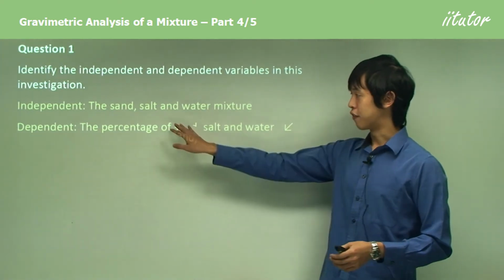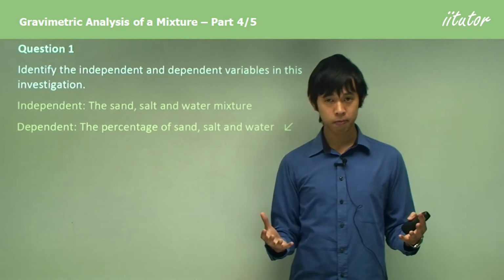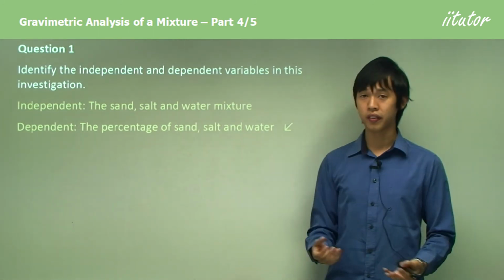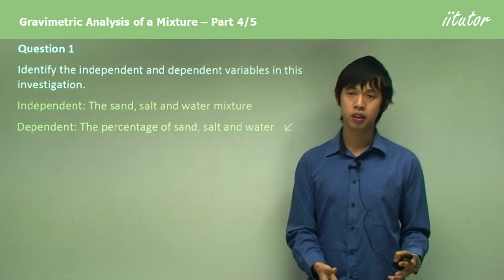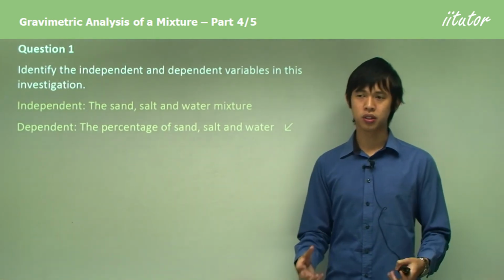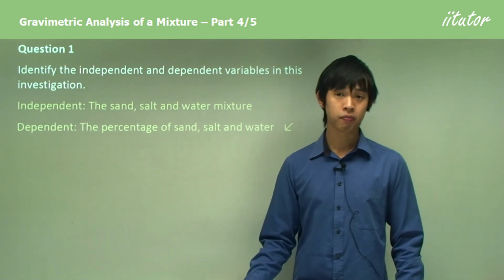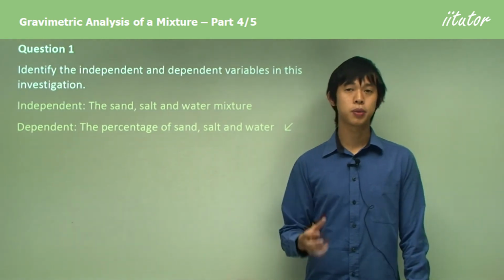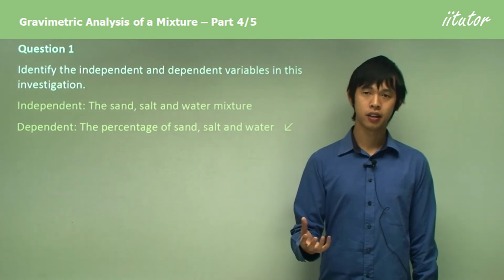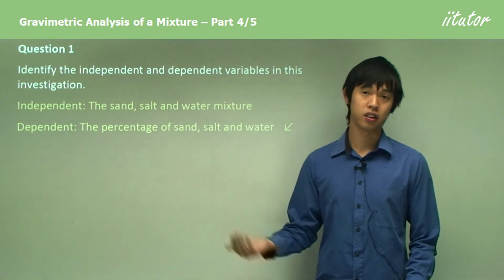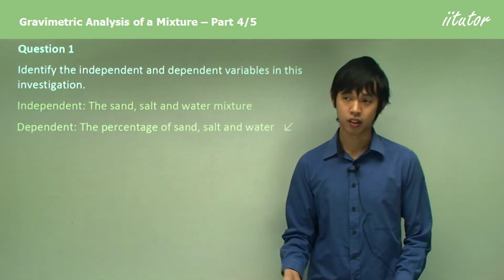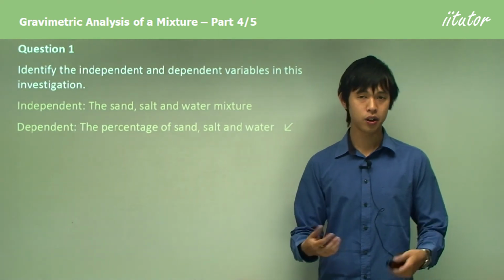So if the independent variable is the mixture, then the dependent variable will be how much sand, salt, and water we get out. So if I went to a very, very salty beach, say on the Dead Sea, and I scooped up some sand, I would expect a lot of salt, right? But if I went to a beach along a freshwater river, I would expect no salt.